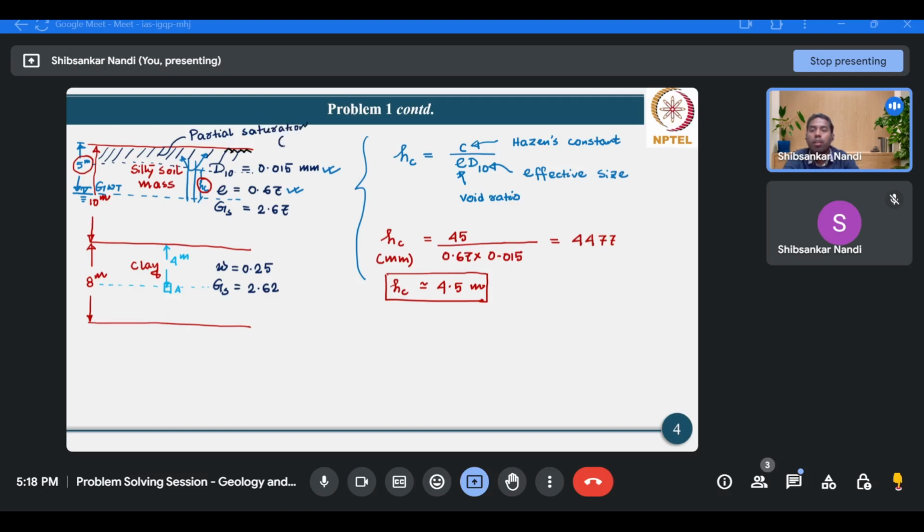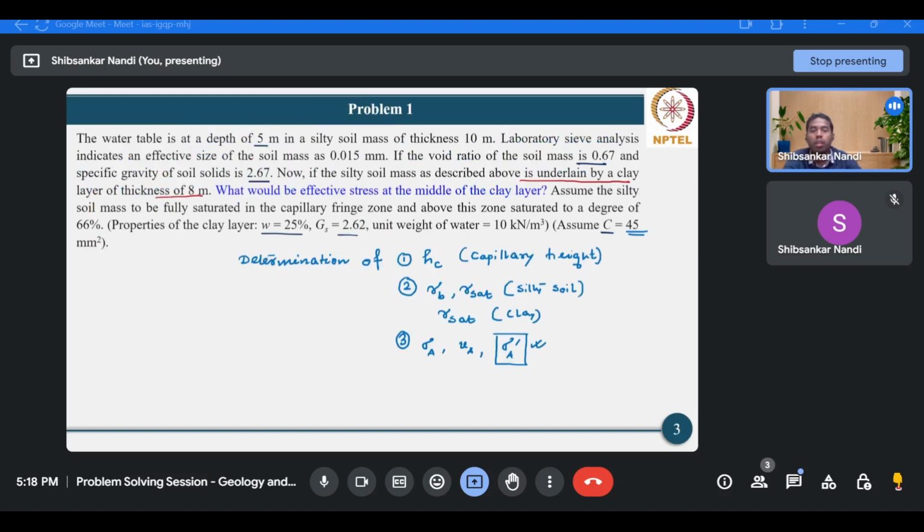And what is the degree of saturation for this portion of soil mass? So the degree of saturation is 66%, because it's given directly in the problem that assume the silty soil mass to be fully saturated in the capillary fringe zone, and above this zone saturated to a degree of 66%.